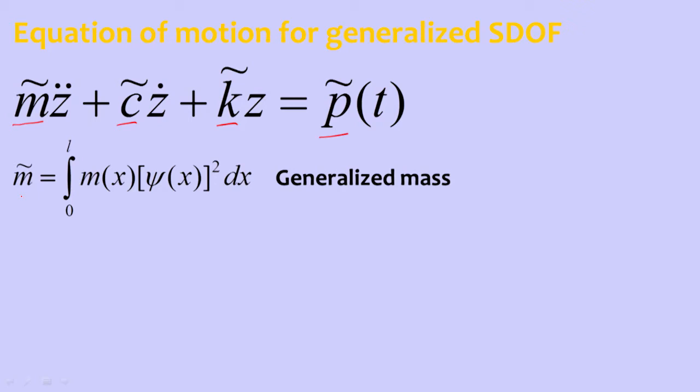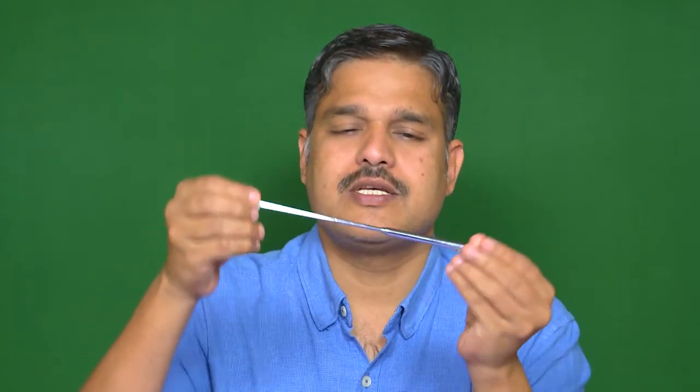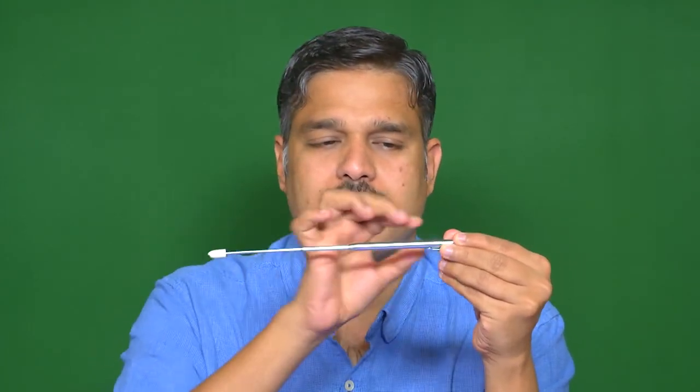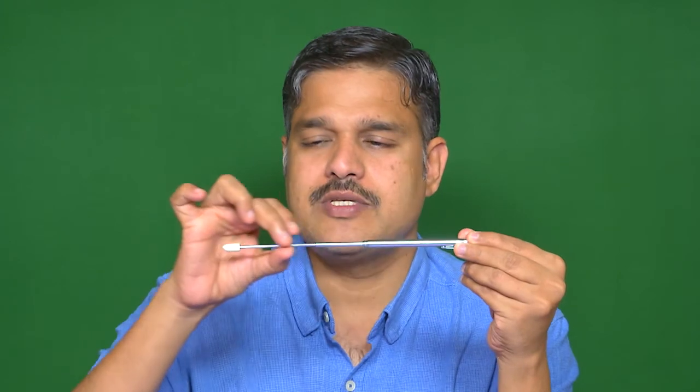Three things are there. If you look at m tilde, we get it as the integral from 0 to L, the length, of m of x. If mass is varying along the length, for example in this case, the density is higher at this location and slowly the cross section is getting reduced, that means mass is reducing here.